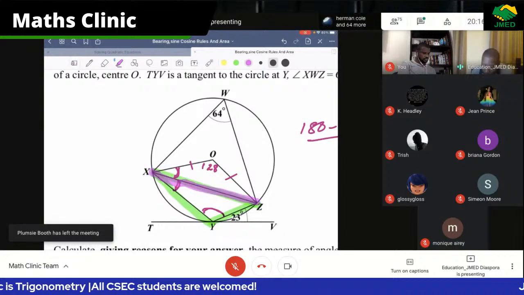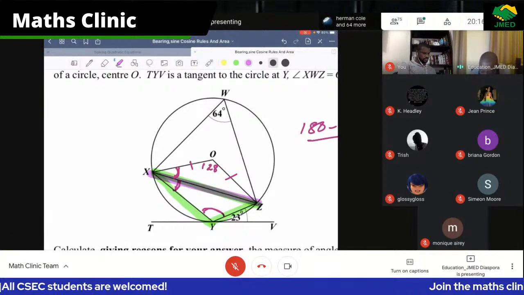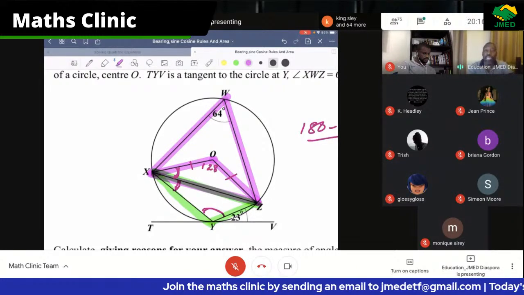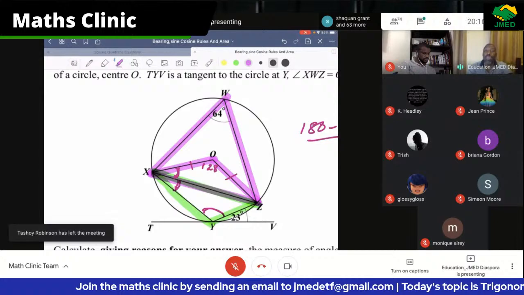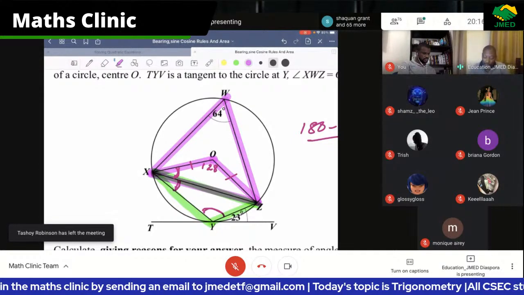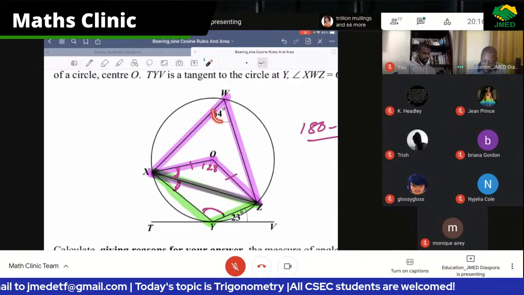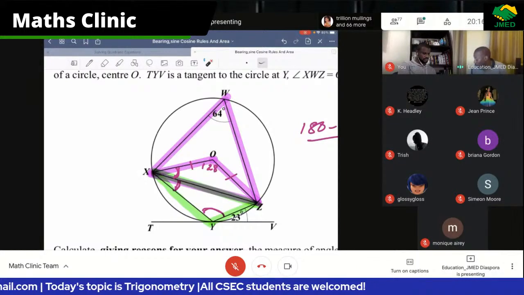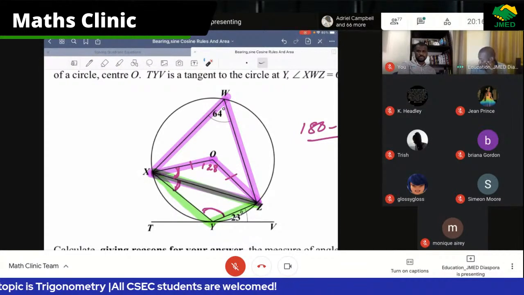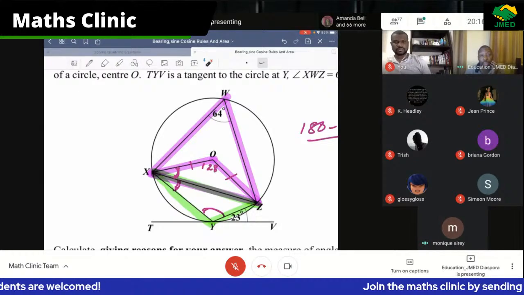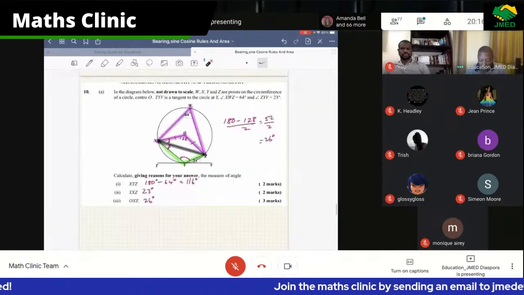Both angles are sitting on that chord, one at the center and one at the circumference. The one at the center is twice the one at the circumference. Okay, sir, thanks. Sure, no worries.